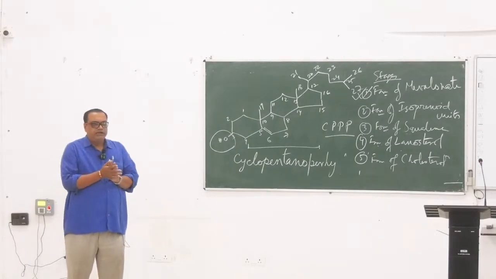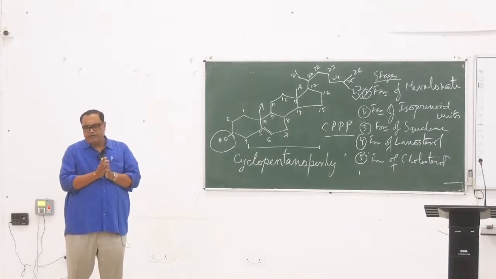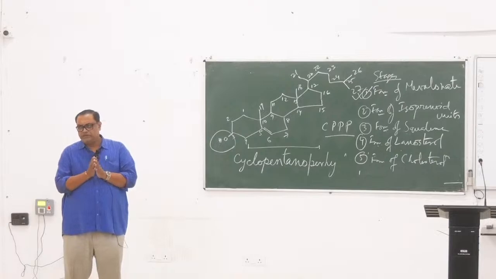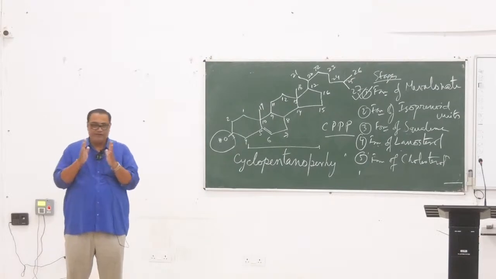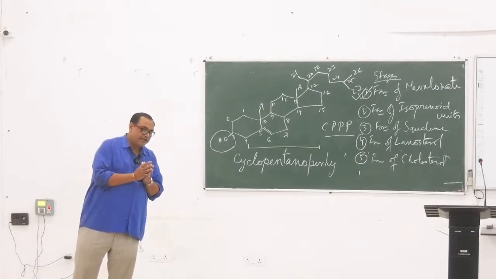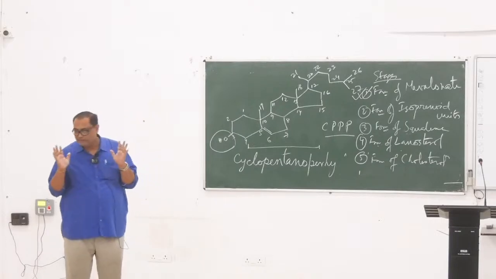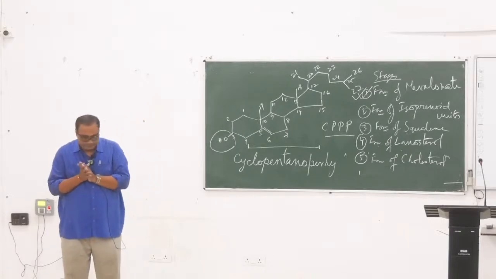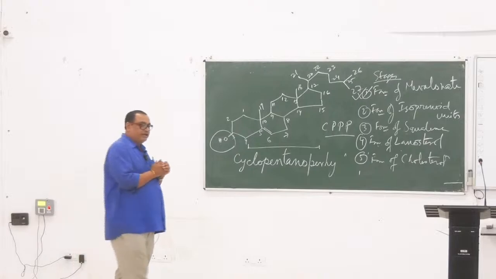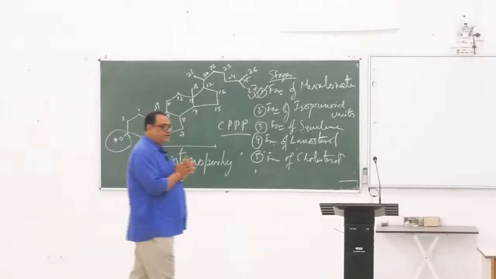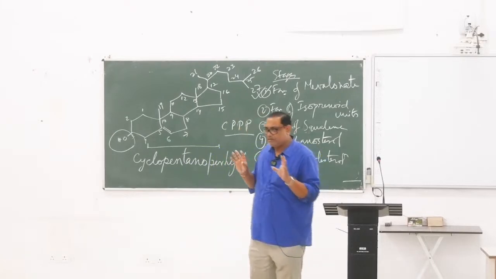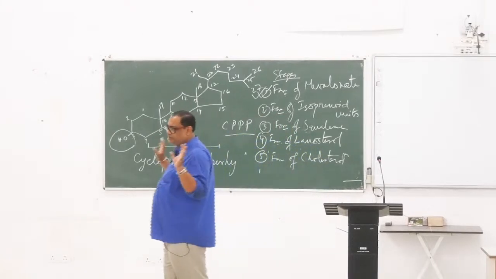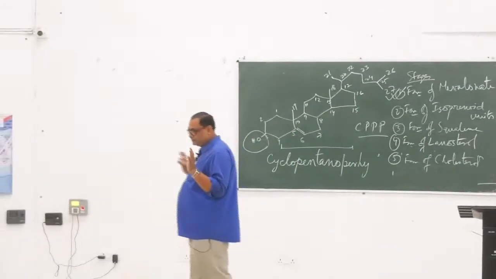This is probably the only pathway that contains the maximum number of molecules. Almost every step is catalyzed by one of the molecules. Number 2, this pathway produces an enormous number of intermediates which participate in various types of reactions. Right?